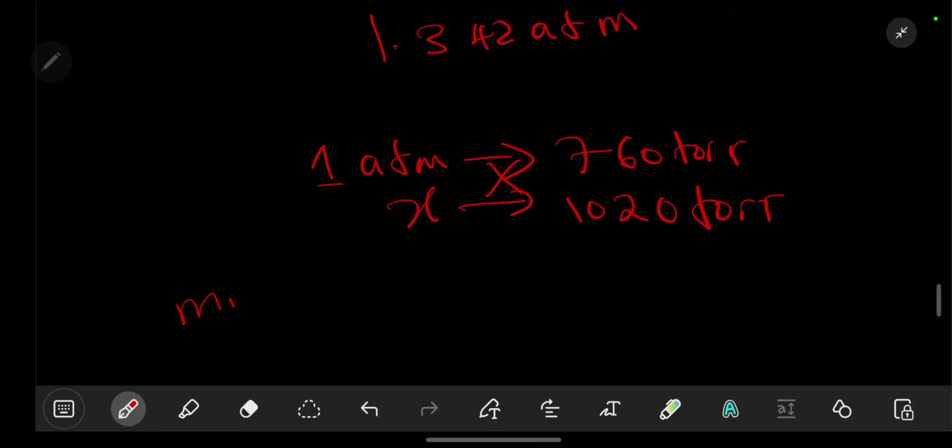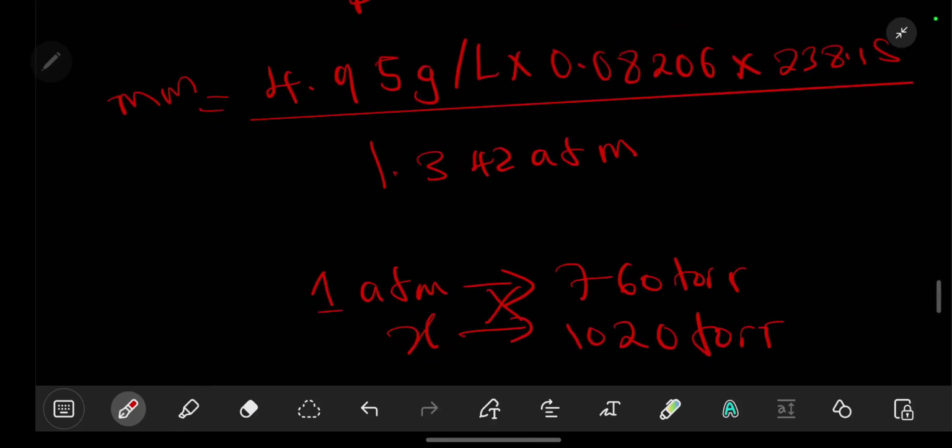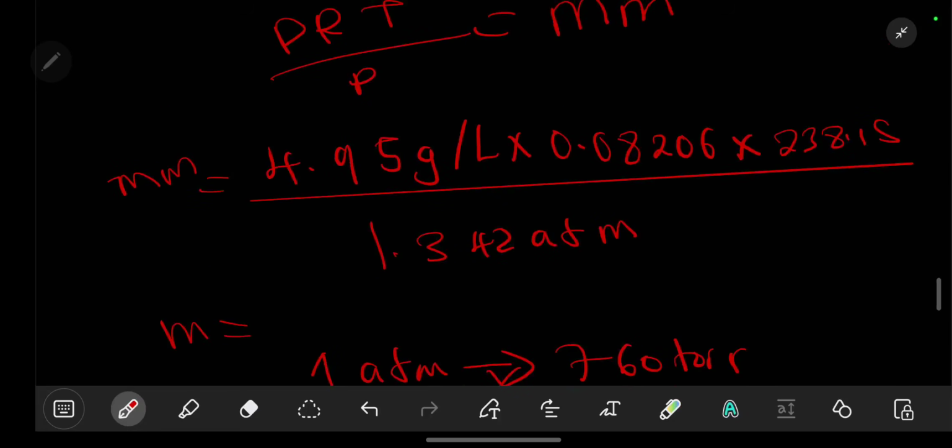So molar mass is equal to, let's multiply everything on top. When we do 4.95 times 0.08206 times 238.15, we are going to get a value of 96.735.